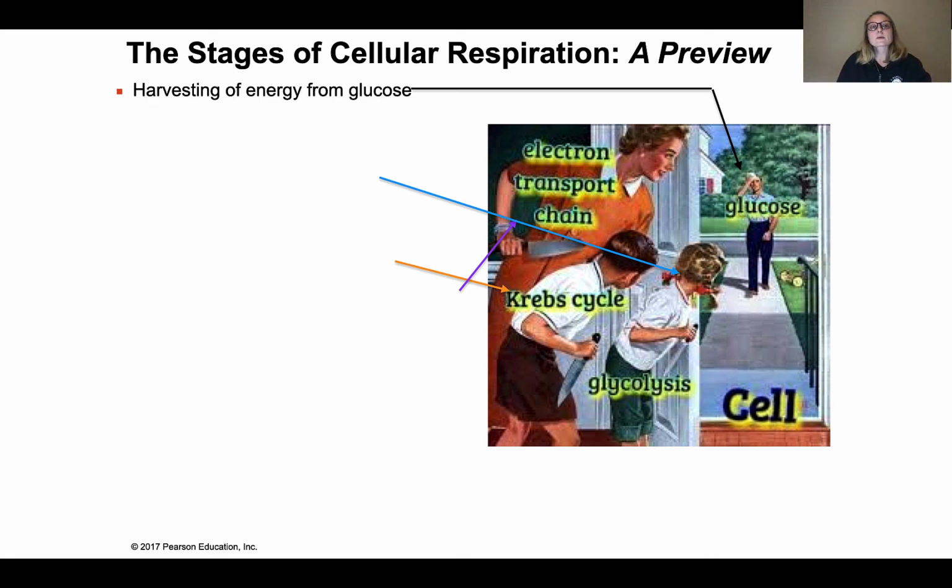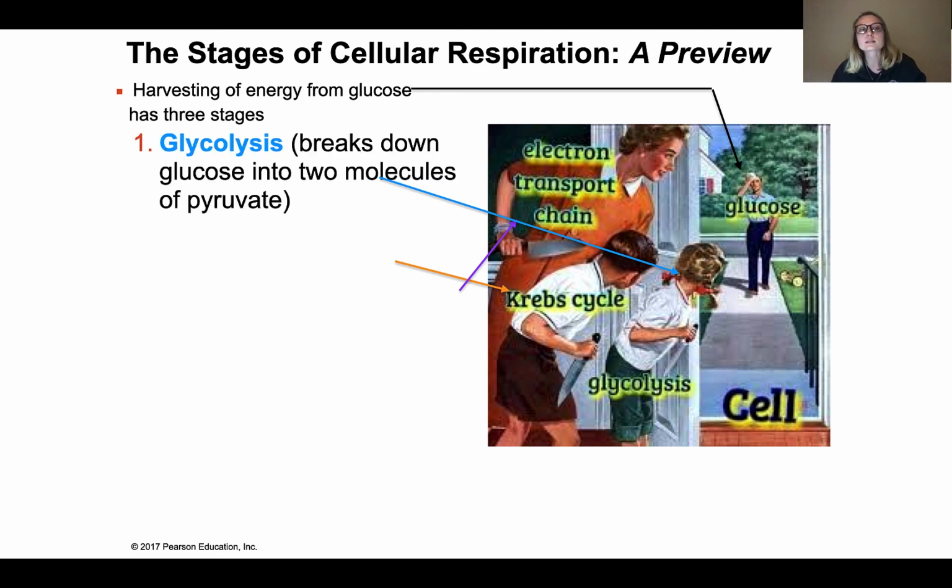Of course, we want to be harvesting our energy from glucose or some other organic fuel, and this has three main stages. First, we have to split our sugar. Sugar splitting, or glycolysis, breaks down glucose into two molecules of pyruvate. Our 6-carbon glucose is being broken down into two molecules of 3-carbon pyruvate.